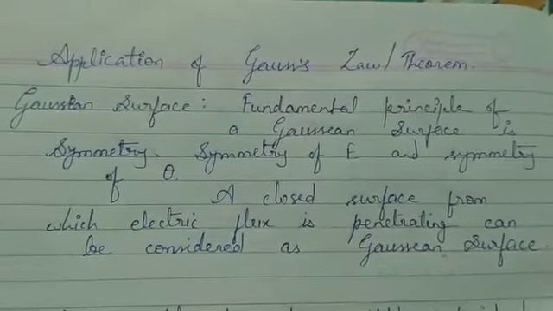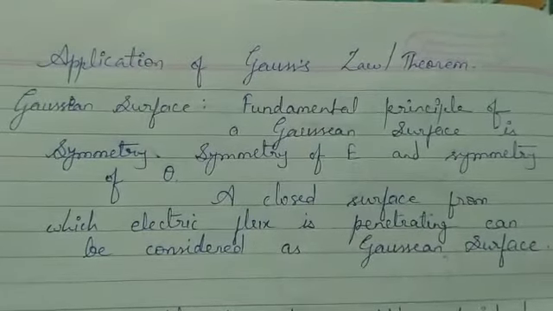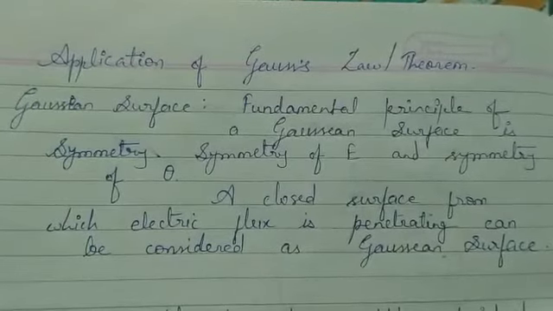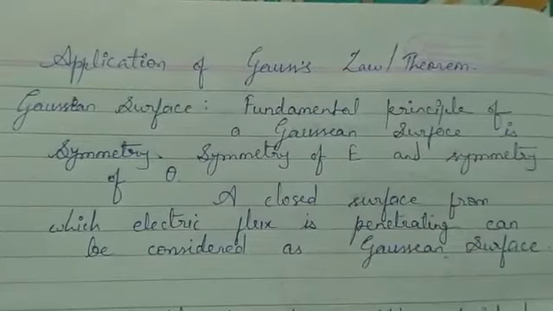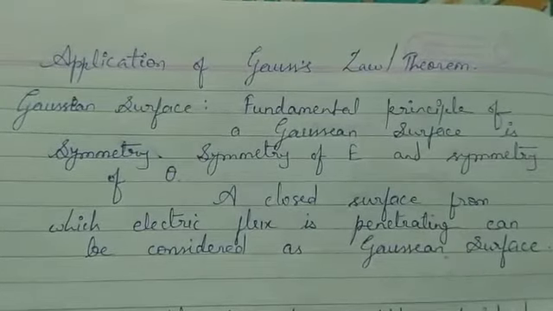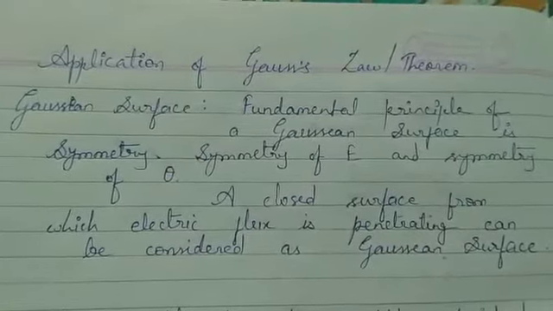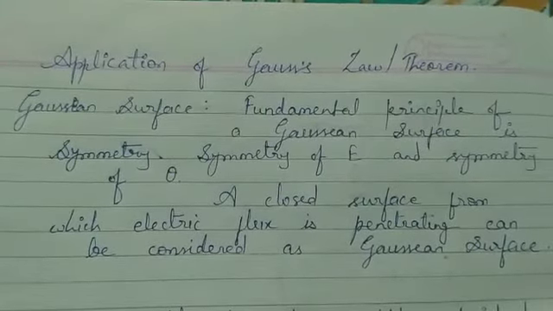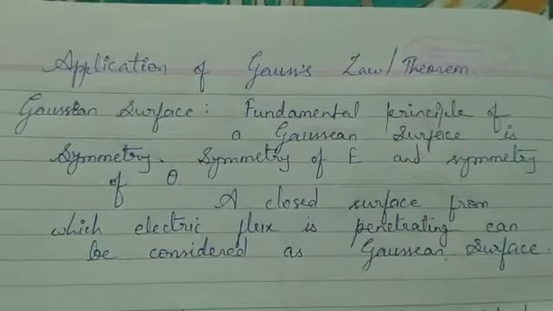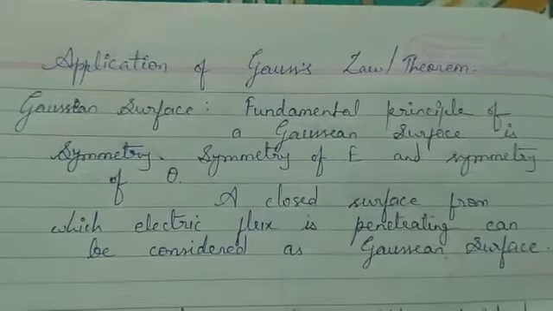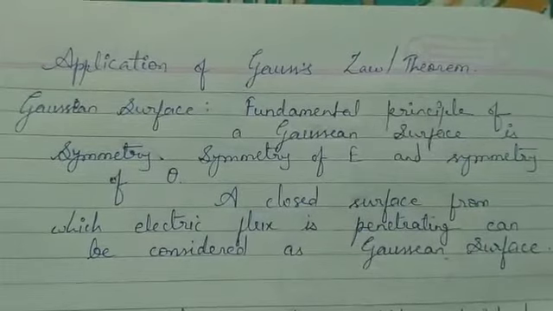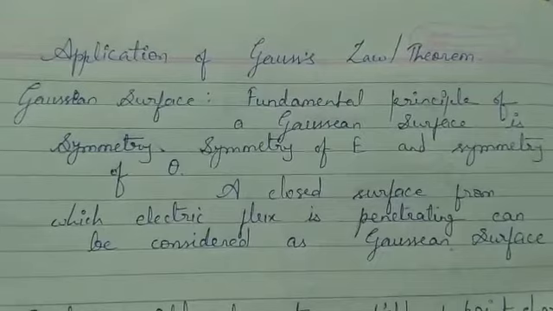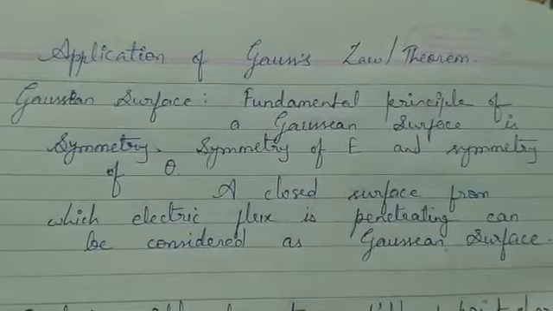But what should be equal? The electric field E and the angle between electric field and area, which is theta, should be symmetrical. So any closed surface in which there is symmetry of the electric field and the angle between electric field and area can be considered a Gaussian surface.